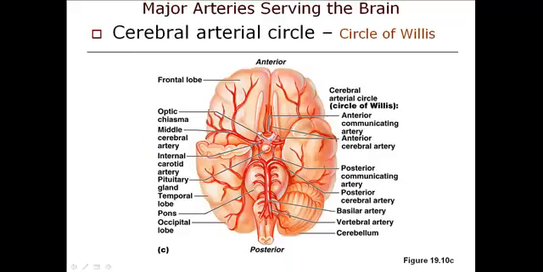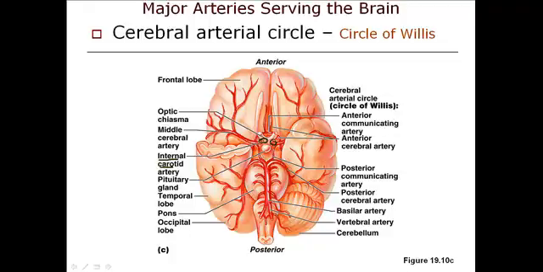Okay. So we're looking at the base of the brain here. So the carotid arteries, here's the internal carotid, comes in right here and right here, the left and the right.